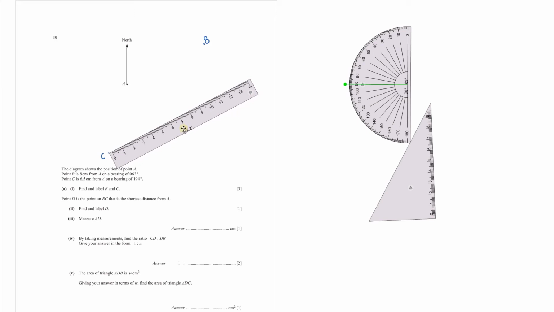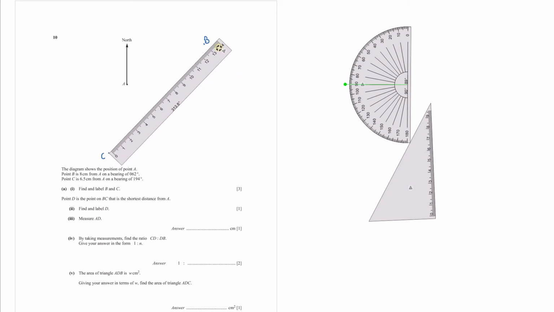Let me connect these points. So this will be your line BC.